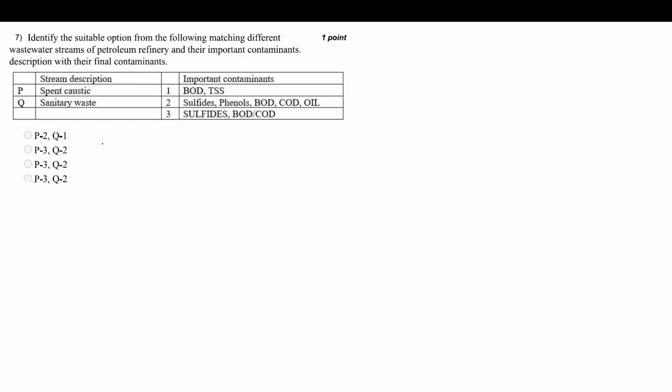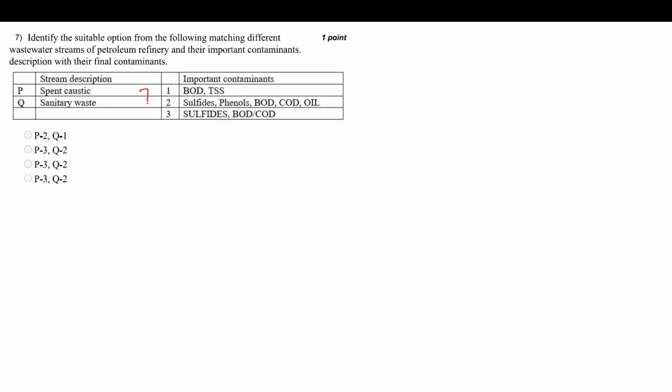Next is to identify the suitable option from the following, matching different wastewater streams of petroleum refinery and their important contaminants. If you look into spent caustic, petroleum refinery usually has sulfide contamination due to crude oil containing sulfur compounds, and it is usually high in BOD, COD, and it has oils.